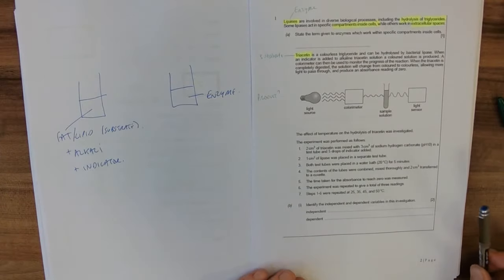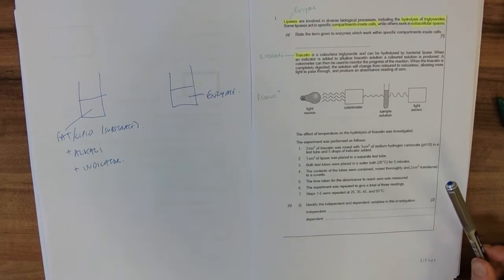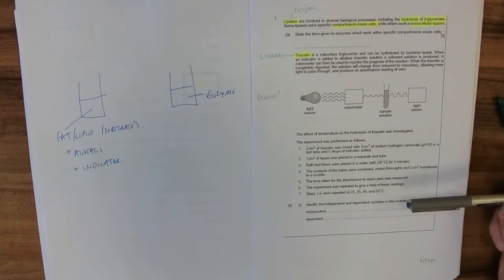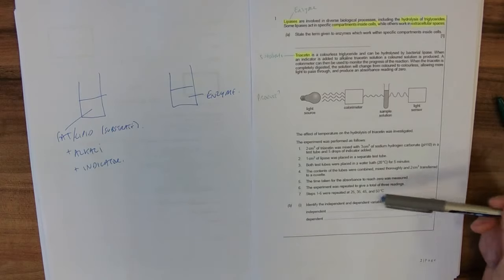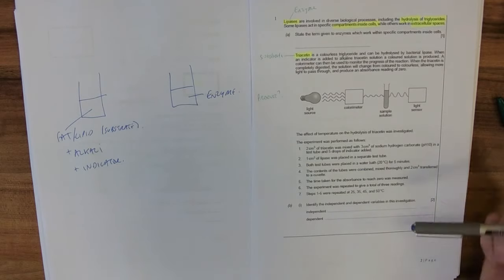So a lot of this is, you know, experimental work, and you're nearly always having to think of independent variable, dependent variable, and controlled variables. The independent variable is the one that you are changing. I for independent, I decide this, I change this, and that's going to be our step 7, where it says the repeats at certain temperatures.